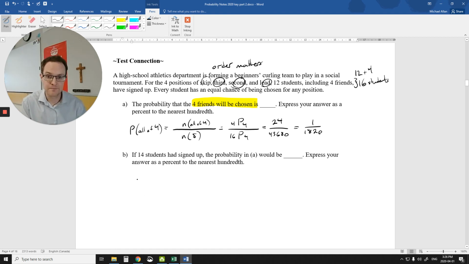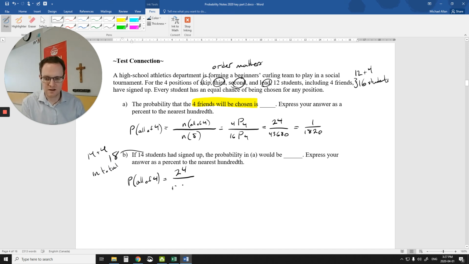the same team. Now, what would the probability be if there were 14 instead of 12 there? It seems like a pretty simple question. It's the very same kind of question. There's still 24 teams that the 4 friends can make, but now there's going to be 18 students in total because you've got the 14 plus the 4.